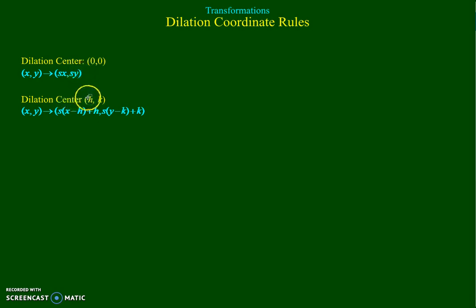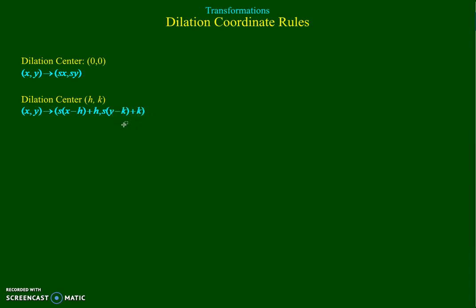For the dilation with center h, k, we take the x-coordinate, subtract off the x-coordinate of the center, multiply by the scale factor, and add back the x-coordinate of the center. Take the y-coordinate of the point, subtract off the y-coordinate of the center, multiply by the scale factor, and add back the y-coordinate of the center. And that's all there is to it.